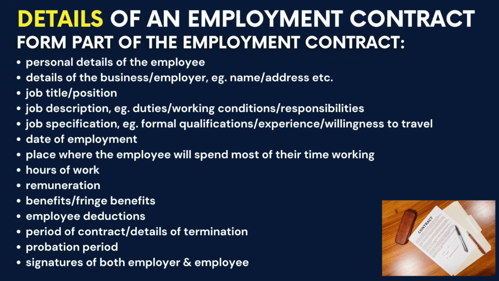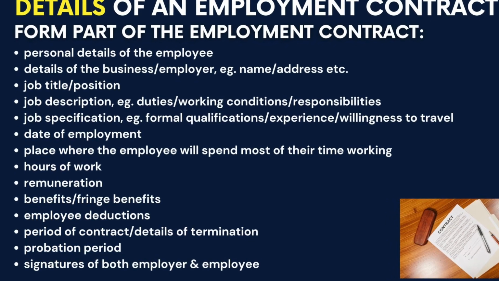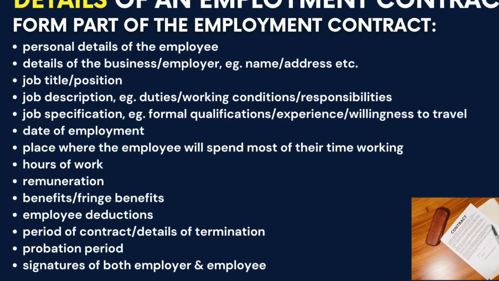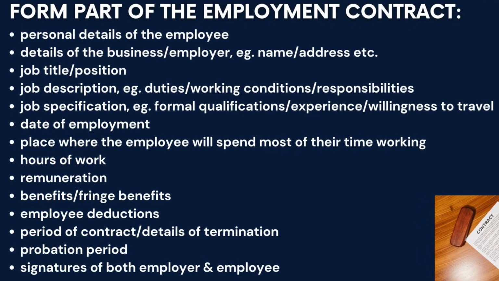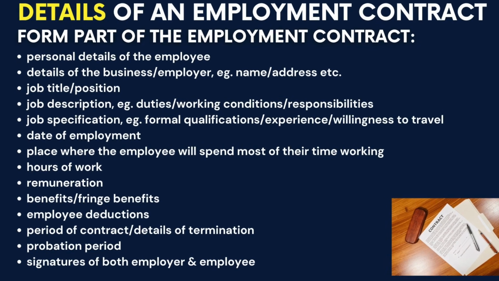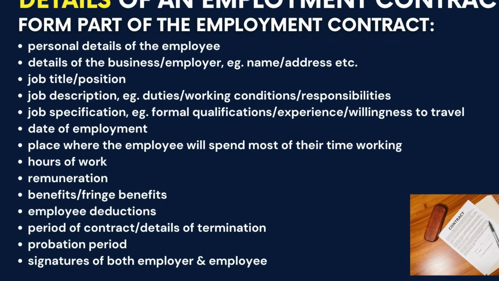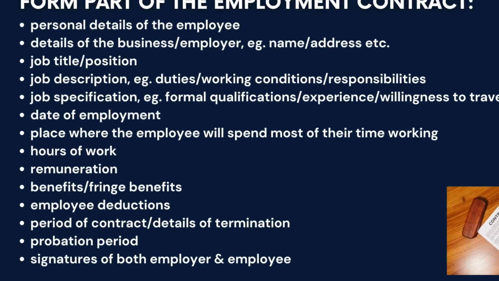It needs to have the job specification, for example, formal qualifications, experience or willingness to travel. It also needs to have the date of employment: when did the person commence, or when is the person going to commence working in the business?